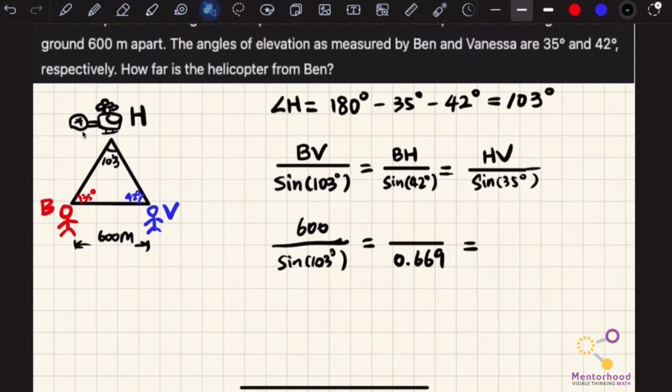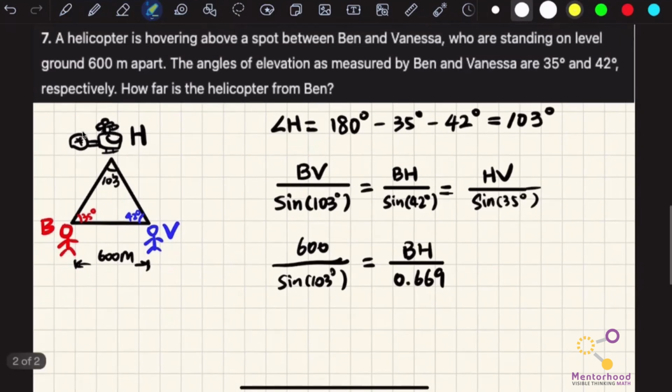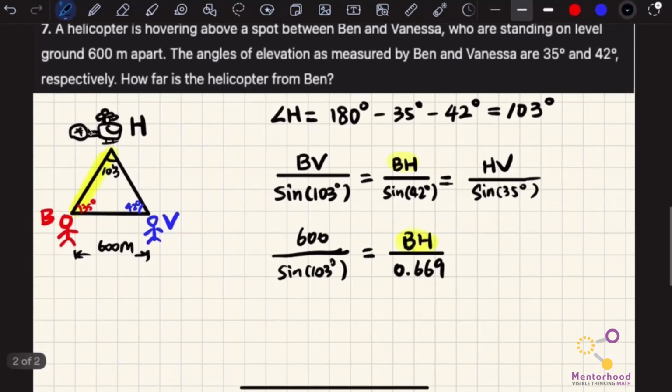And sine 35 degrees, we can also figure out later. BH, yes, that's what we're looking for, because that's what the question says. How far is the helicopter from Ben? We're looking for this yellow part. That's BH.